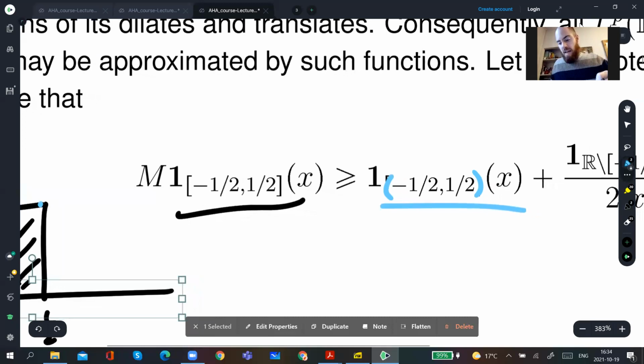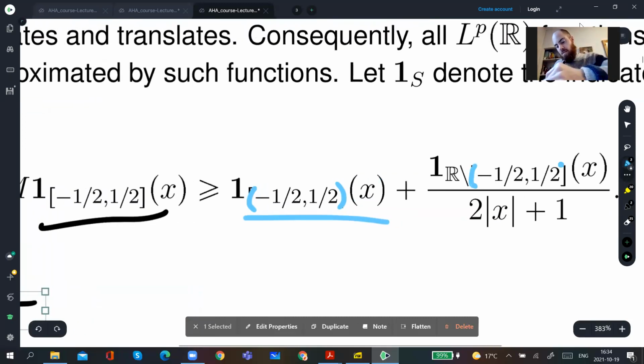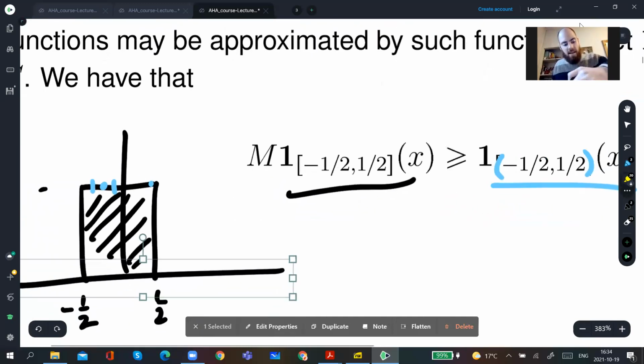Now it leaves the question of what happens outside of that interval. Again, open. And my claim here is that it decays like 1/x roughly. Cool, cool. How do we see that?